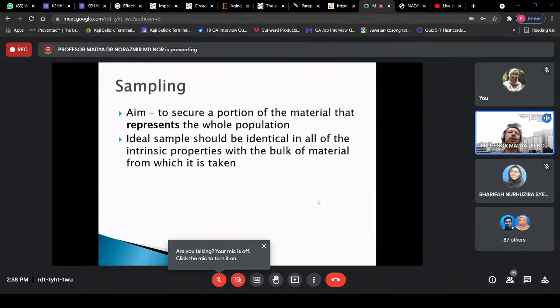So when we do the sampling, the same bread will represent the same intrinsic properties, exactly the same. Even if there is a plus minus or SD, it's very minor, or what we can say is insignificance.